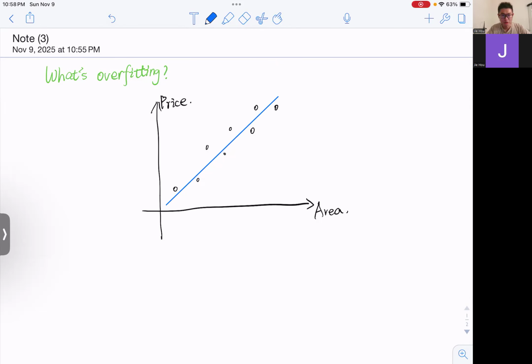So now the question is, can we find a better model, a perfect model to fit all the data in this problem? We could try it. Like if we use a red line to fit all of the data in this data set.